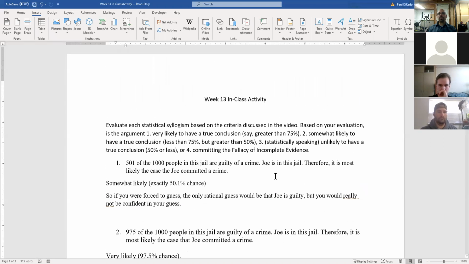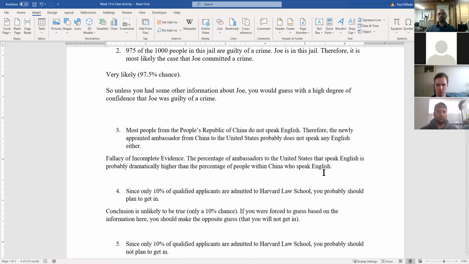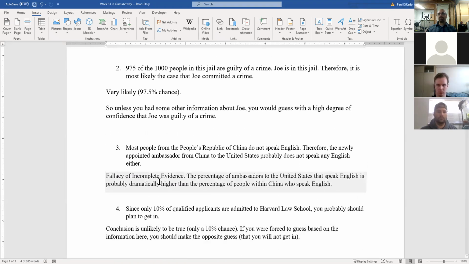So that's the difference between these two cases, between a conclusion just being unlikely to be true, where the percentage is applicable but they're drawing the wrong lesson from it, and the fallacy of incomplete evidence, where the statistics just aren't applicable to this individual person being discussed. All right, good with 4?